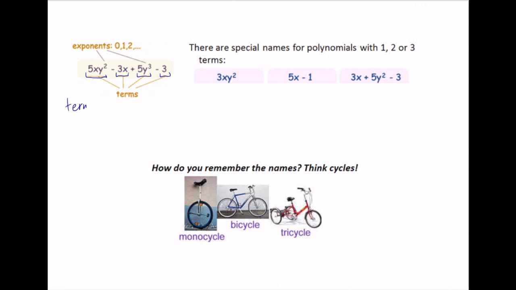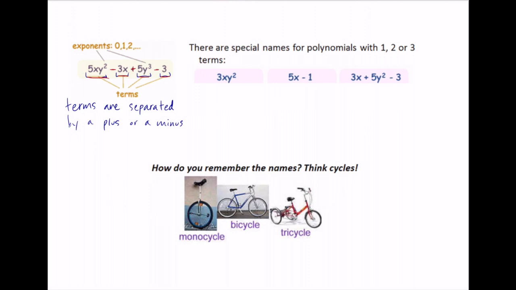Terms are always separated by a plus or a minus. So you'll notice here, there's a minus sign, there's a plus sign, there's another minus sign. Each of my terms is separated by a plus or a minus.